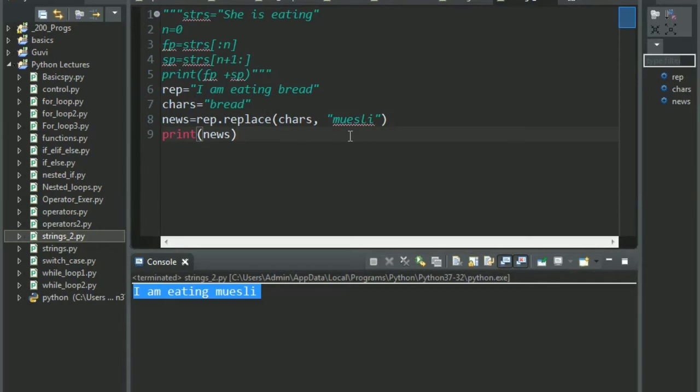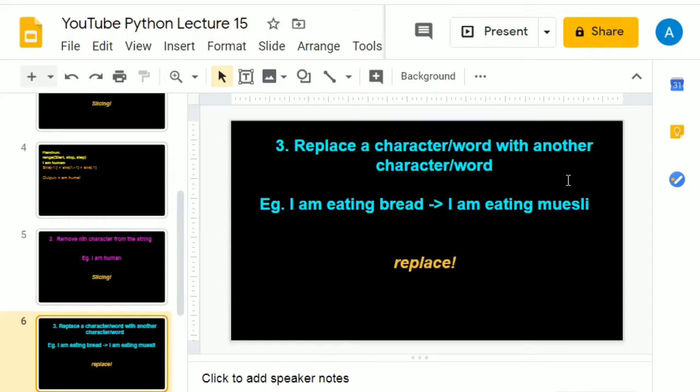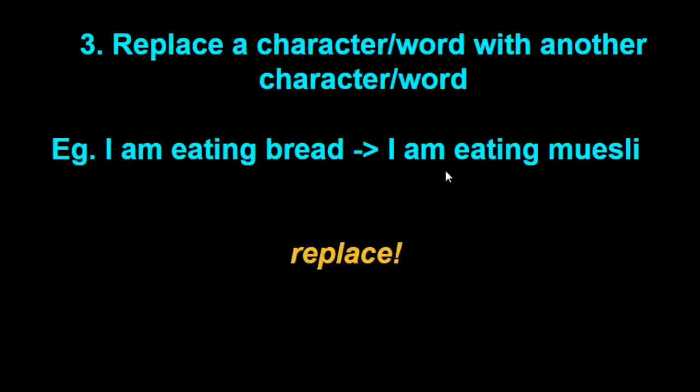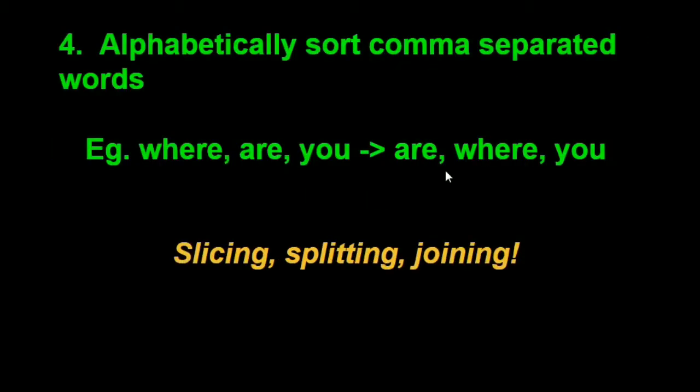Now let us do a pretty complicated, you might think, because it's quite a beginner stage for us, let's do a little complicated example. We'll be using quite a lot of functions here, one after the other. What I want to do is alphabetically sort comma separated inputs from the user.